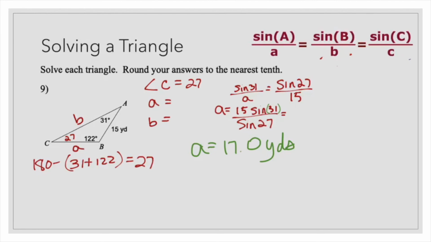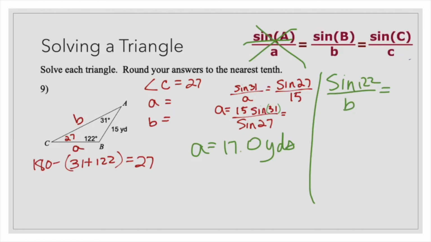To do the B, I will not be using this A section right here. I will be using the sine B over B equals sine C over C. Sine B over B is the sine 122 over B. And sine C we used before is the 27 and the 31.